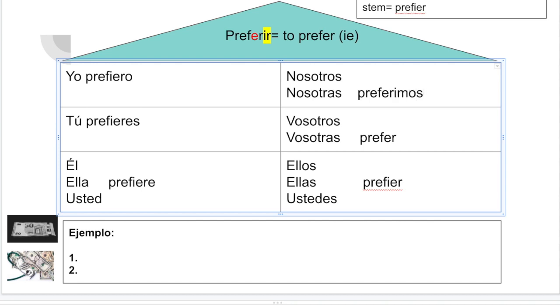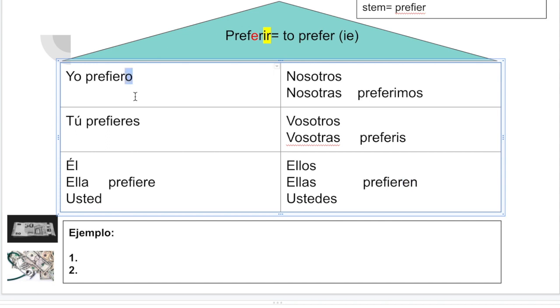Preferimos, imos. Preferís. Prefieren. So the endings of IR verbs are O, es, e, imos, is, en. And I'm going to give you an example.